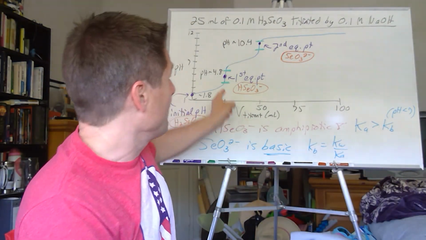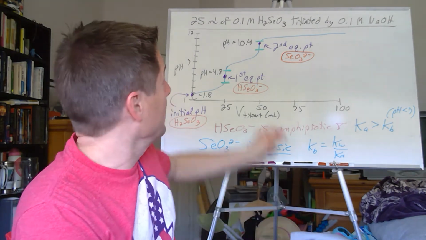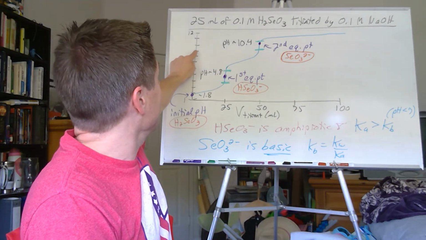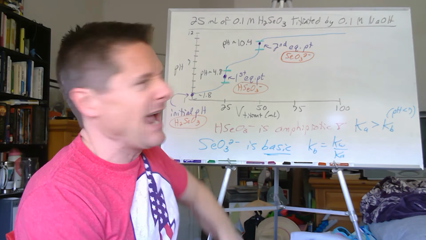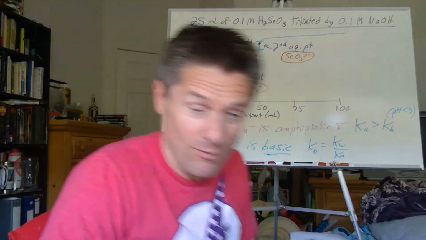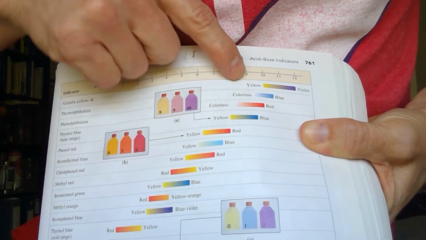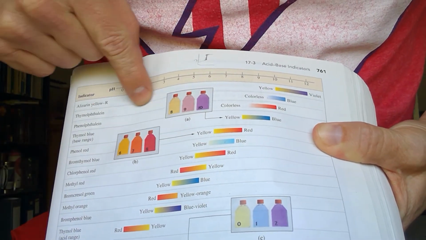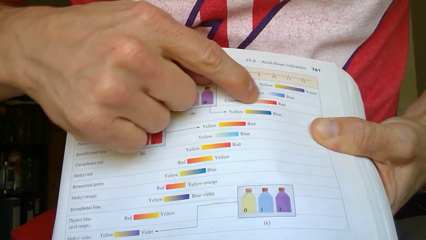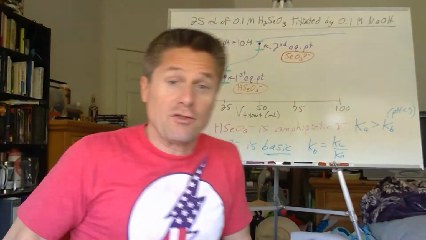Options are limited. And for the second one, we need a separate indicator. So we're talking 7, 8, 9, 10, between 9 and 11, maybe, if we're lucky. So if we're looking between pH 9 and 11, you're looking at thymolphthalein, maybe phenolphthalein over here. Those are some good ones because they're colorless to color.